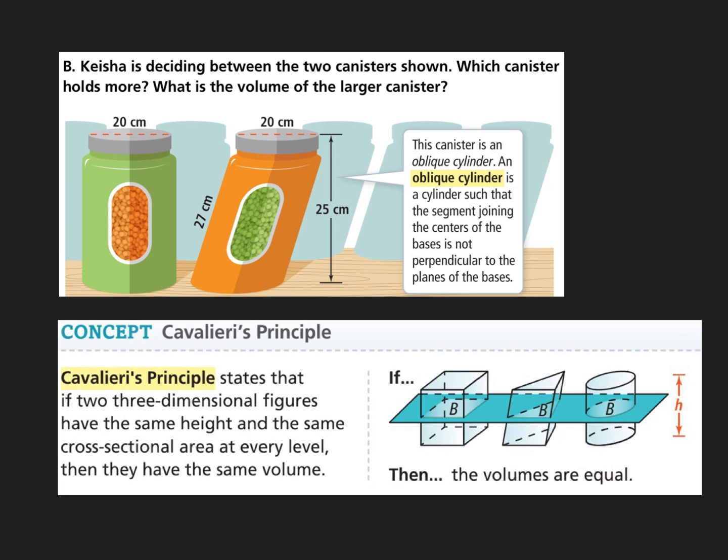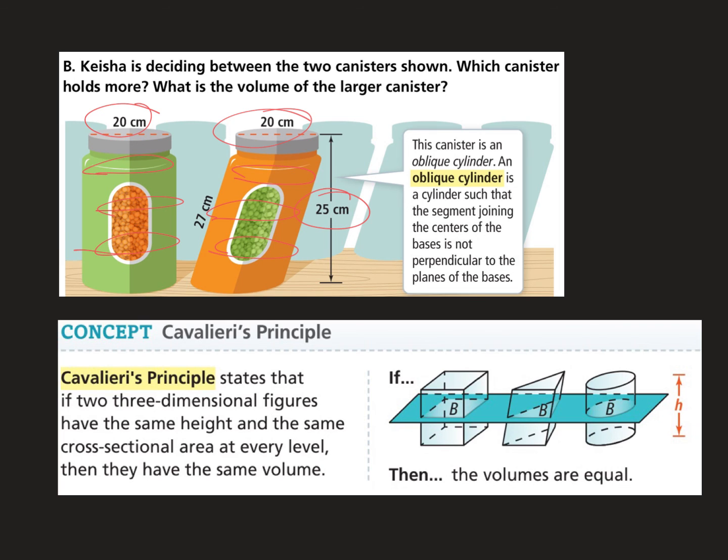So the idea behind this is Cavalieri's principle. It states that if 2 three-dimensional figures, so we have our 2 different types of prisms, have the same height, so they both have a height of 25 centimeters, and the same cross-sectional area, so since they both have a diameter of 20 centimeters, and that continues at every cross-section all the way down, then they have the same volume.